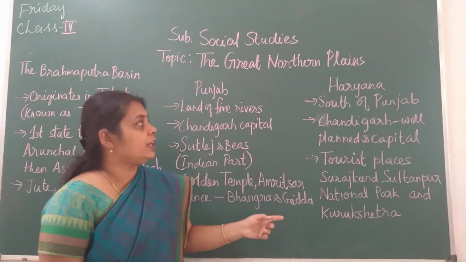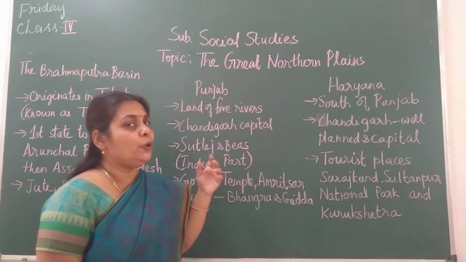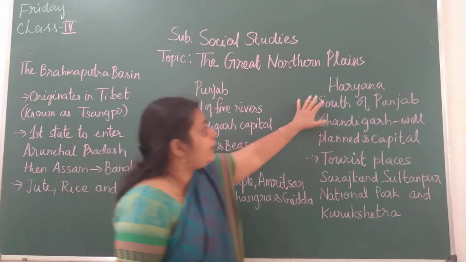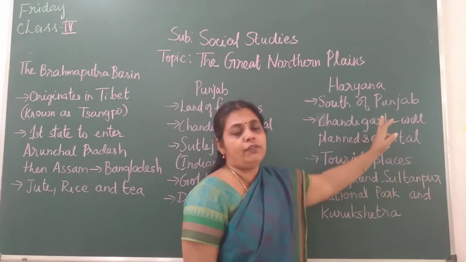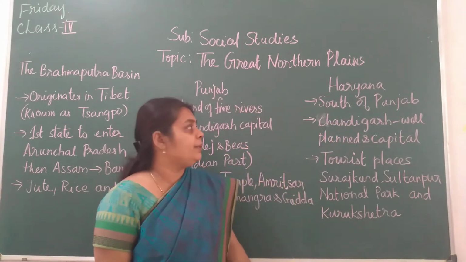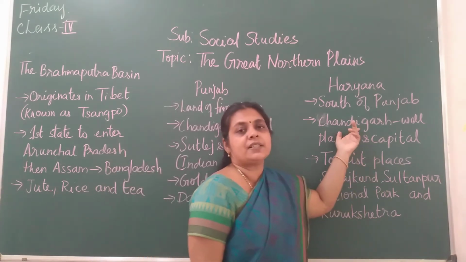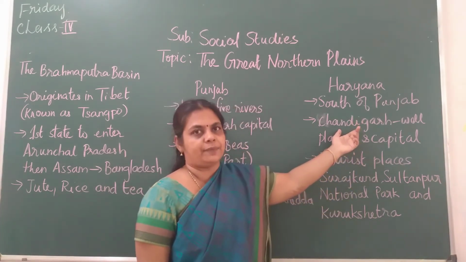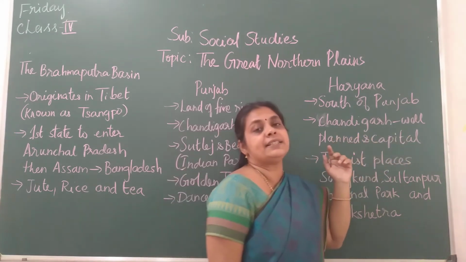The next one is the state Haryana, children. In your map you see where Haryana is located: it is south of Punjab, children. Its capital is also Chandigarh, a well planned city, children.